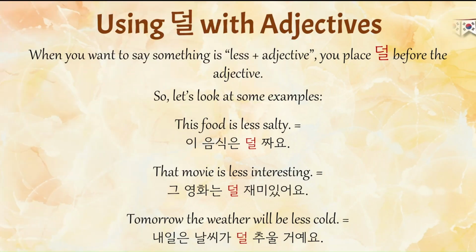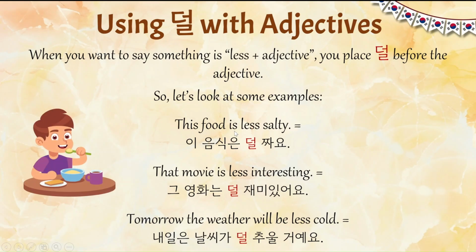So just like we did with 더, first we are going to see how to use 덜 with adjectives. So whenever you want to say something is less interesting, less delicious, less beautiful, then you place 덜 before the adjective. Okay, let's take a look at the examples.